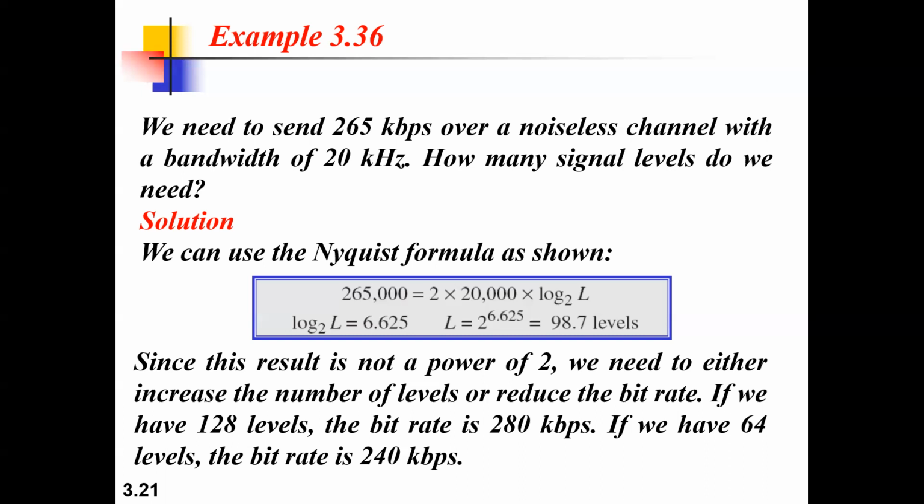However, since this result is not a power of 2, if you can recall from our last lecture, we also calculated the value of L in digital signals. L has to always be a power of 2. So 2 to the power 2, 2 to the power 3, 4, 5, 6, like that.